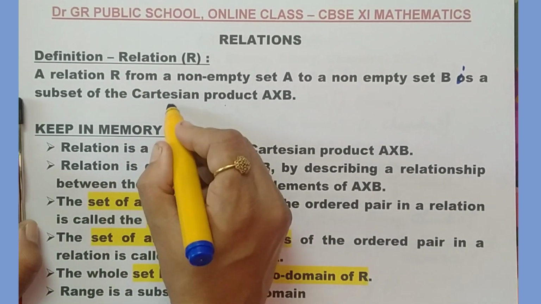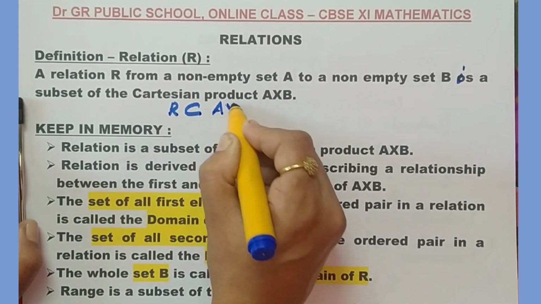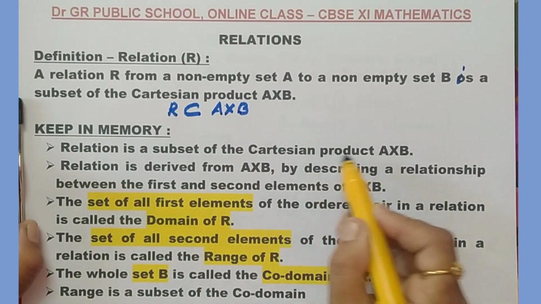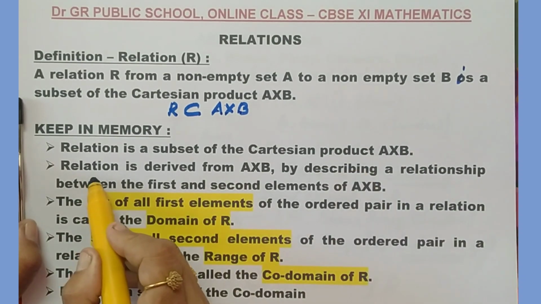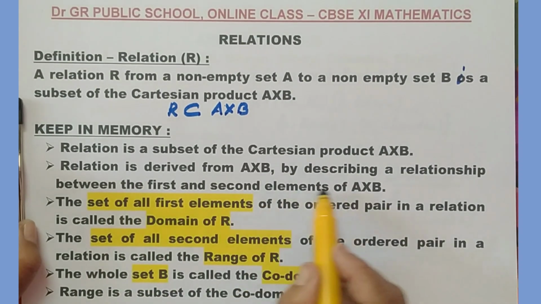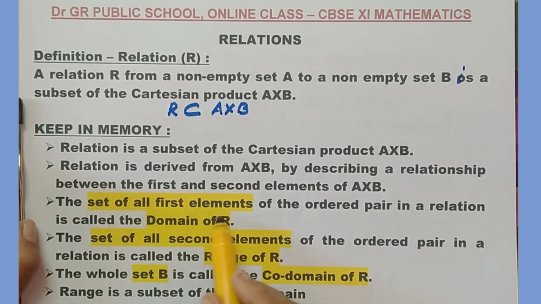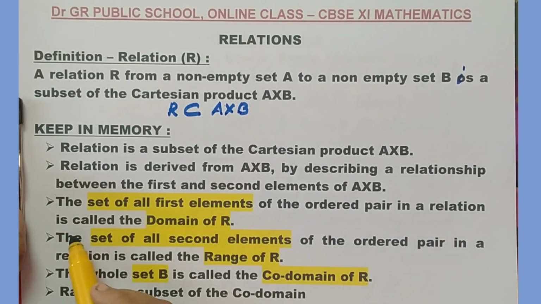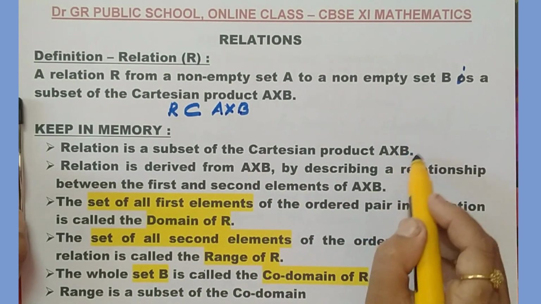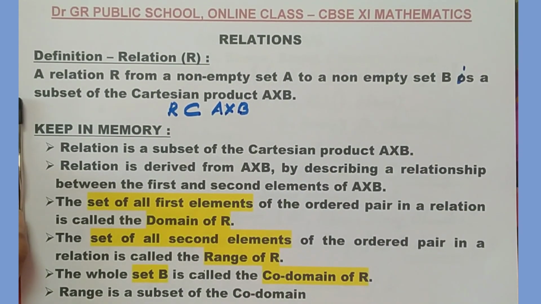Keep in memory, a relation is a subset of the Cartesian product A cross B. A relation is derived from A cross B by describing a relationship between the first and the second elements of A cross B. The set of all first elements of the ordered pairs in a relation is called the domain of R. The set of all second elements of the ordered pairs in a relation is called the range of R. The whole set B, the second set, is called the codomain of R. Range is a subset of the codomain. Try to keep these points in memory.